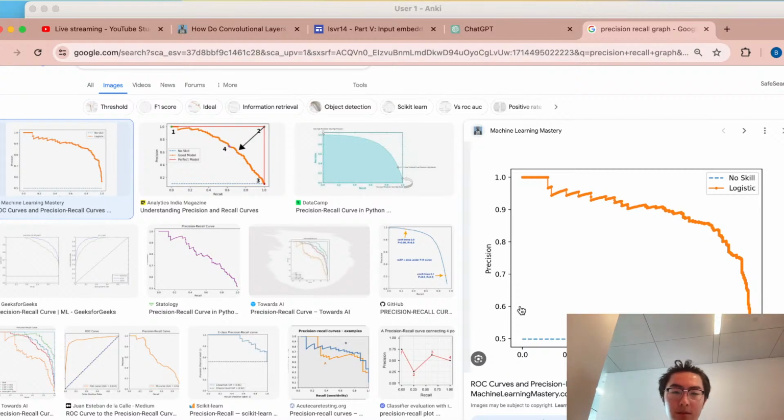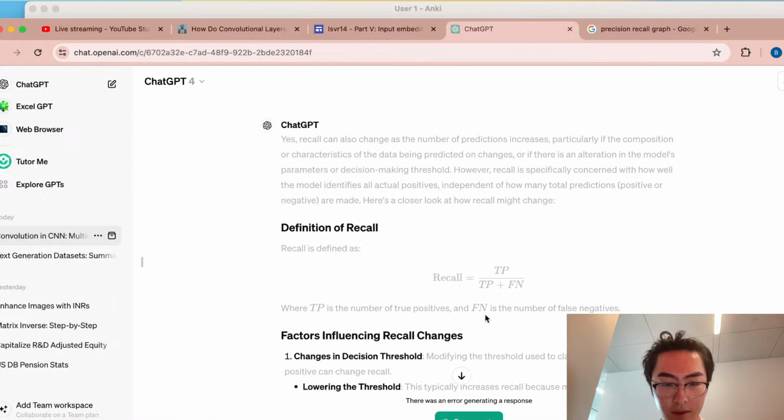So if this is 0, that means, let me think. That means we have 1 true positive. And I feel like the recall would also be the same, would it not?